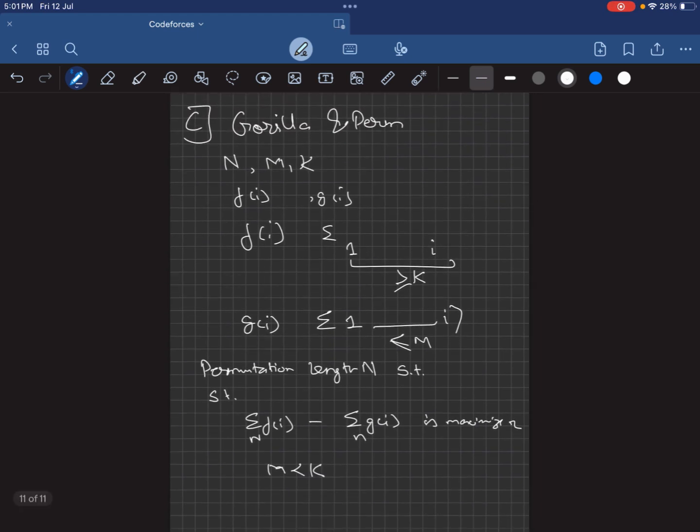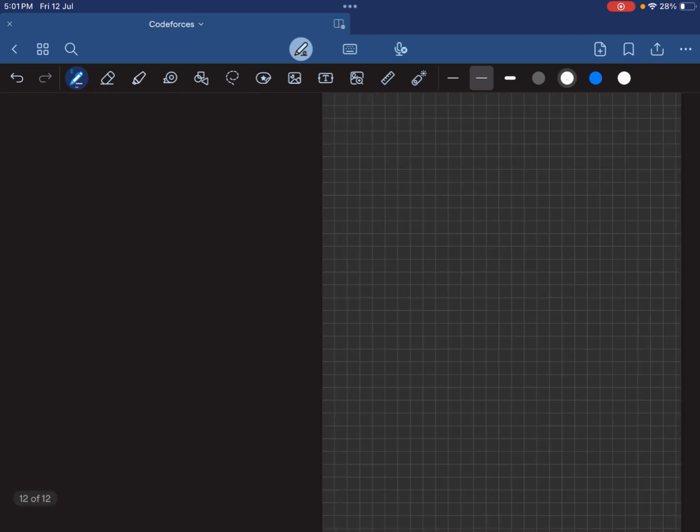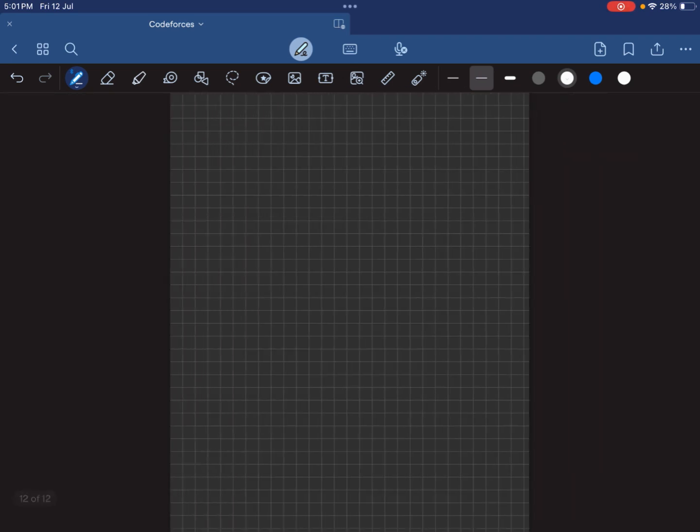So now let us see which numbers contribute to the function f of I. f of I is essentially the sum of integers greater than or equal to k in the previous subarray.